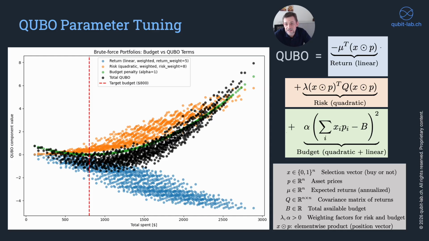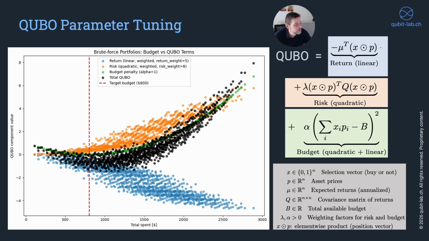Here we see the three QUBO terms plus the total of all 1,024 portfolios plotted over the total spend value, one of our objectives, remember? And we see that the linear term is linear also in the total spend. And the other one, like the green one here, is sharp because we are looking at it on the spend axis. And therefore, we can see that it's a perfect curve at the minimum at the target budget of $800.